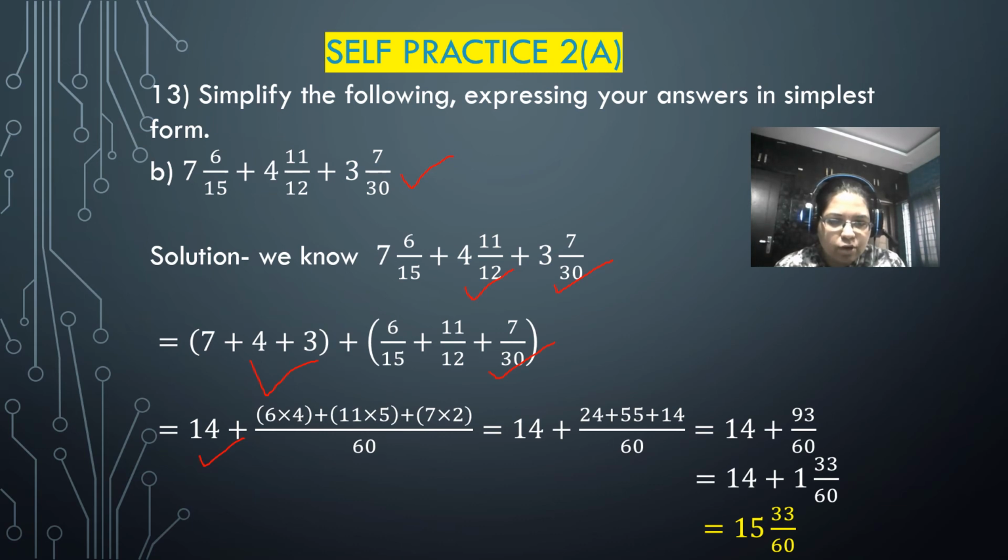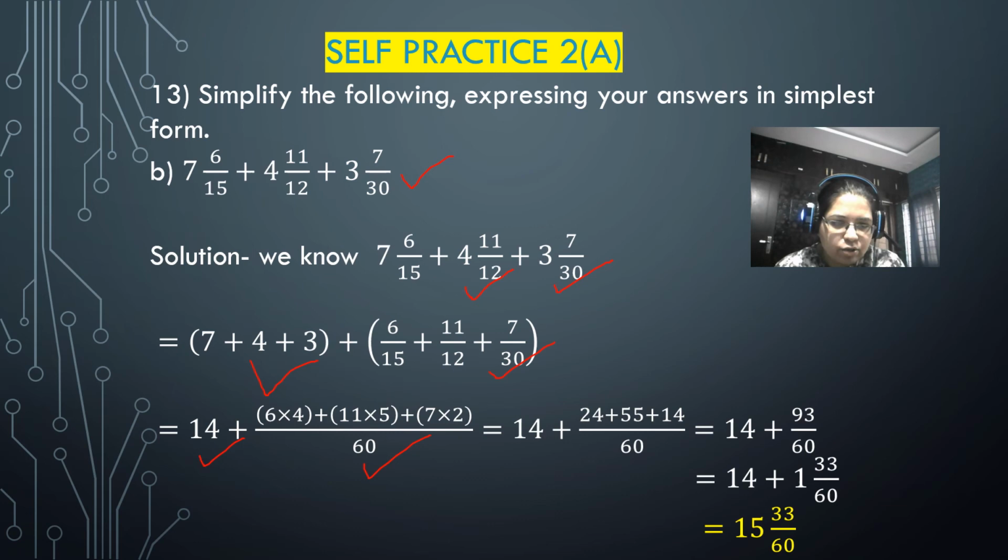LCM of 15, 12 and 30 is 60, as 15 is 3 multiplied by 5, 12 is 2 multiplied by 2 multiplied by 3, and 30 is 3 multiplied by 2 multiplied by 5. And now we have to divide this LCM 60 by the denominator 15.